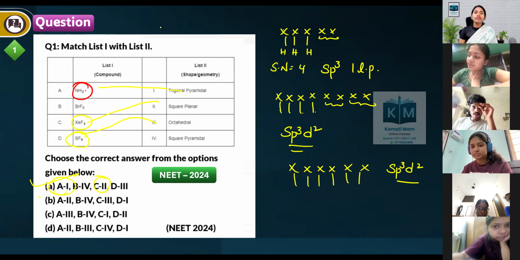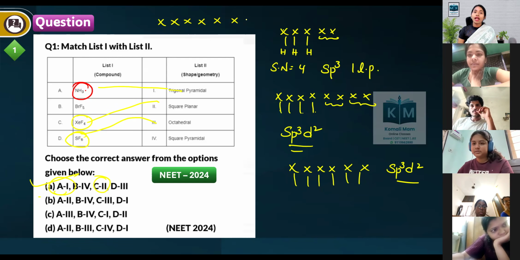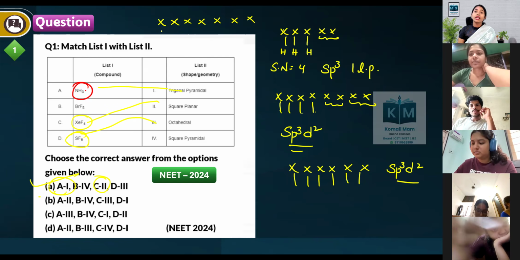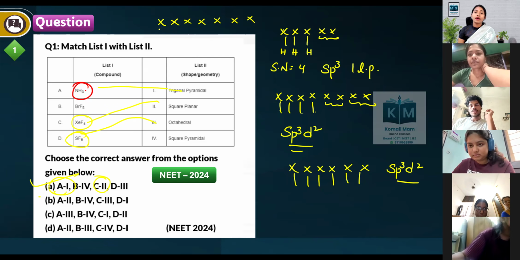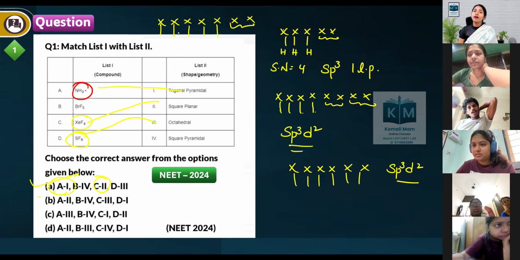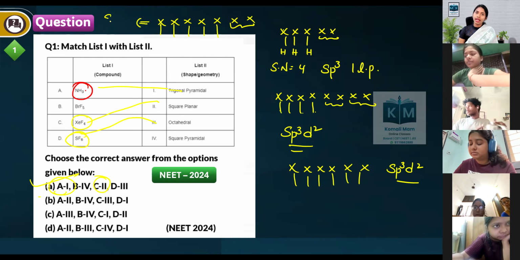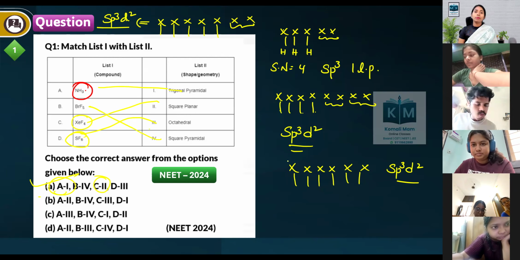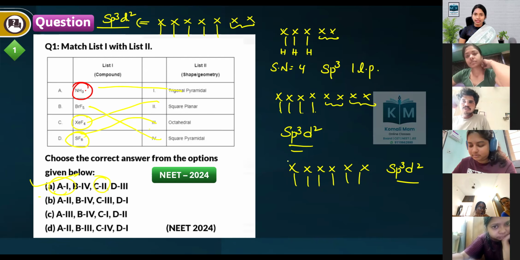Next BrF5: 7 electrons in the valence shell for bromine: 1, 2, 3, 4, 5, 6, and then 7. Each fluorine forms 1 bond, then 1 lone pair. 5 plus 1, 6. 6 means steric number 6, sp3d2 with 1 lone pair is square pyramidal. Then what is the option? B is 4. Then A is the correct answer.